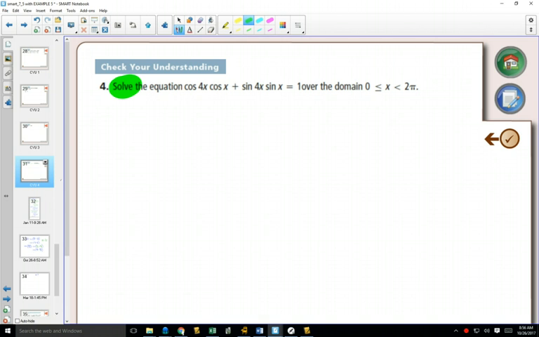So the fact is, what if this is alpha, and this is beta, and this is alpha, and this is beta? Which formula does that match up with? Cos of alpha minus beta. So then I could write this whole left-hand side as cos of 4x minus x, and it's still equal to 1.